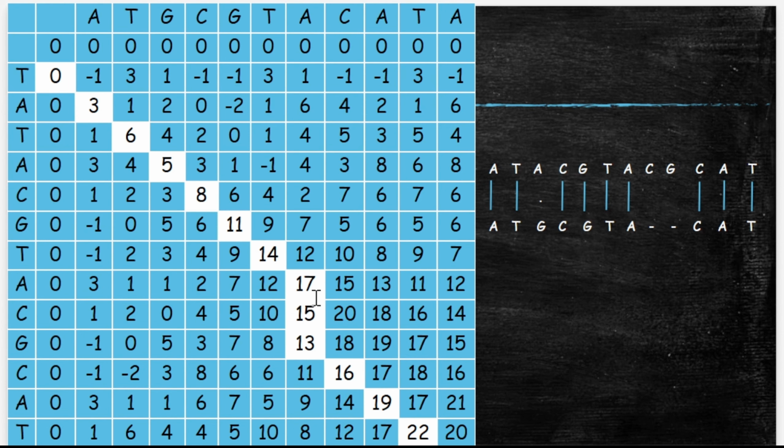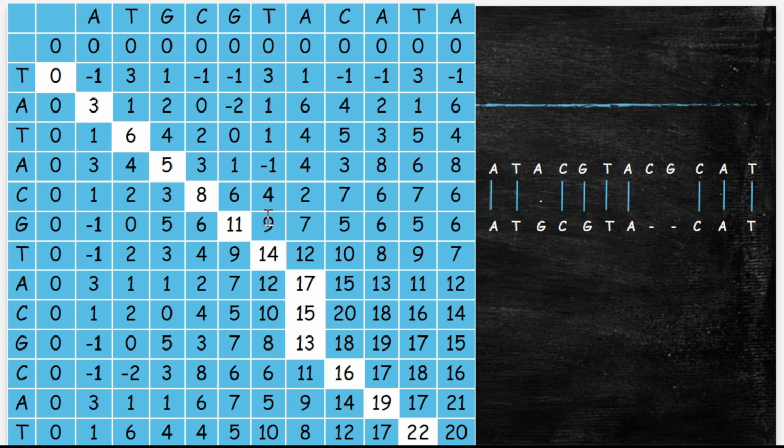So we can confirm that our preceding cell is 17. So we have a shade at 17. Then the next, we go for the corresponding residue, that's A corresponding to A, and that is a match. So we know that our preceding score is the diagonal score, which is 14. So we have a shade at 14.